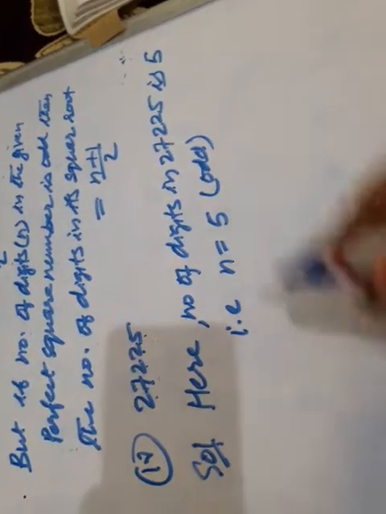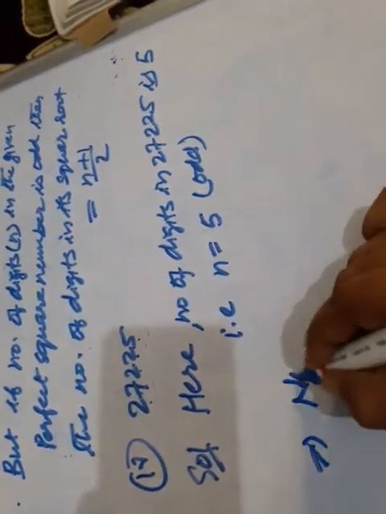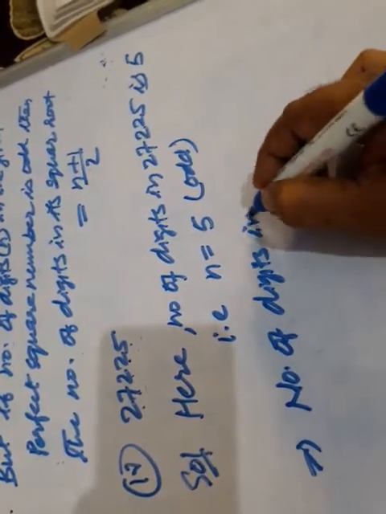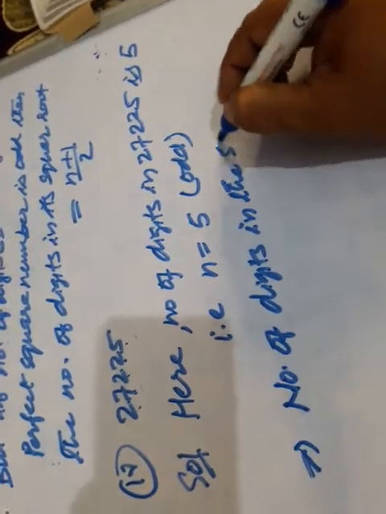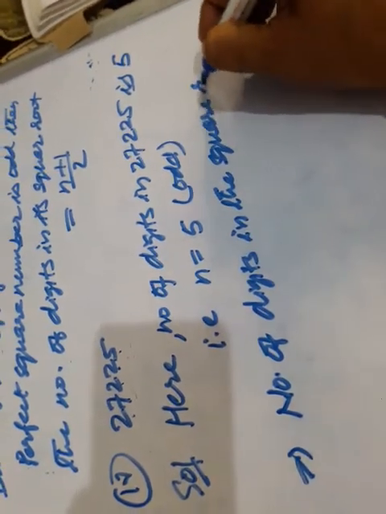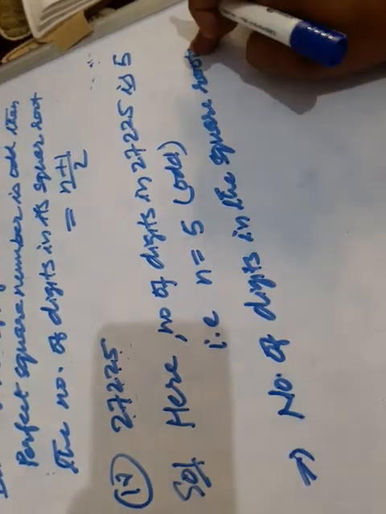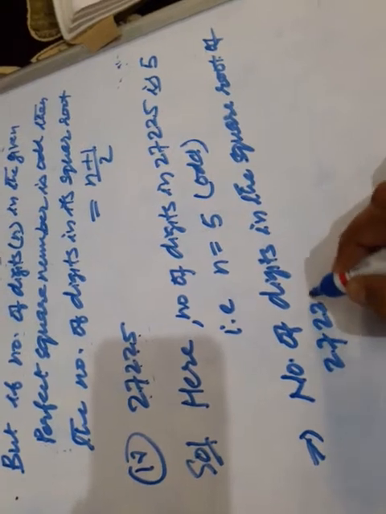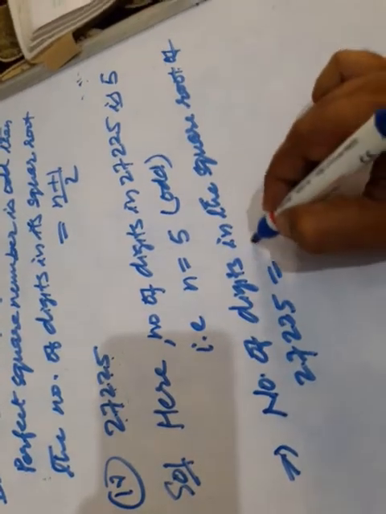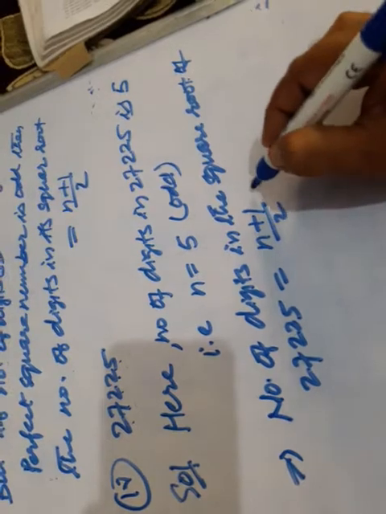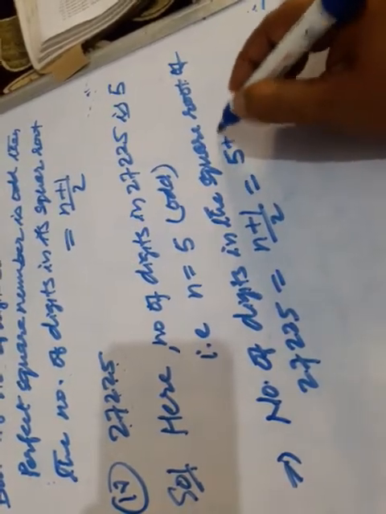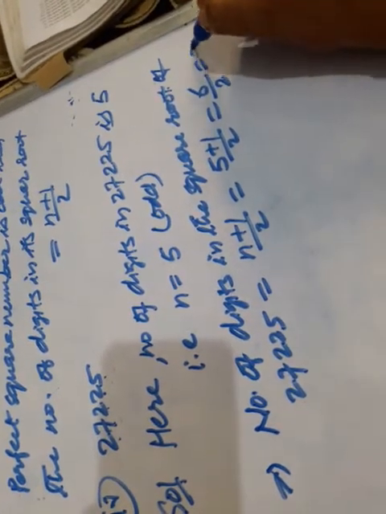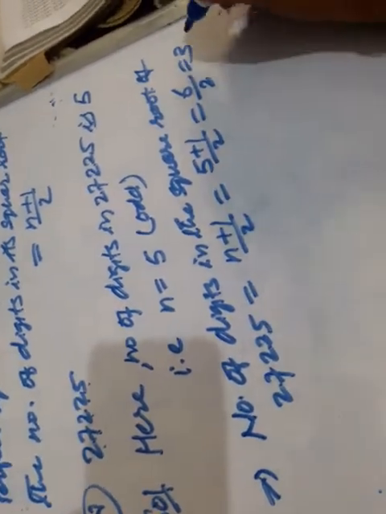This implies that the number of digits in the square root of 27,225 equal to (n plus 1) by 2, that is 5 plus 1 by 2, which is 6 upon 2, and 6 upon 2 equal to 3. This implies that 3 digits will be there.